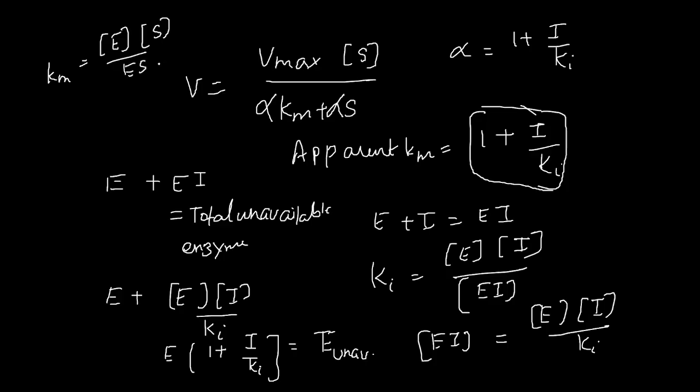For the inhibitor, it is going to be Ei. So you can just replace E values in the presence of inhibitor, and that is going to be E times 1 plus I by Ki, S by Es.